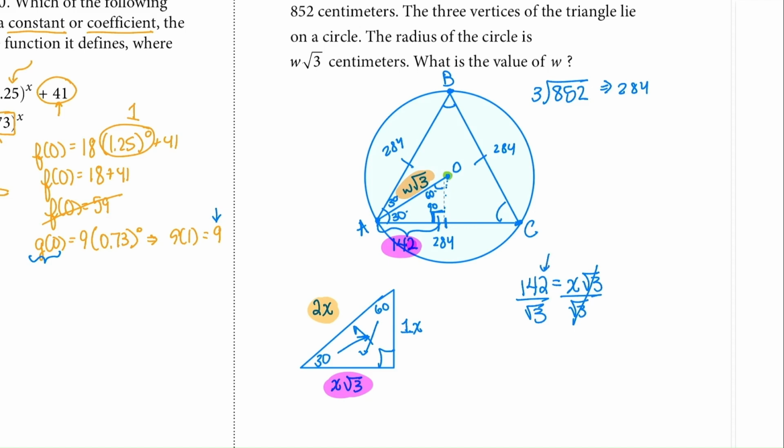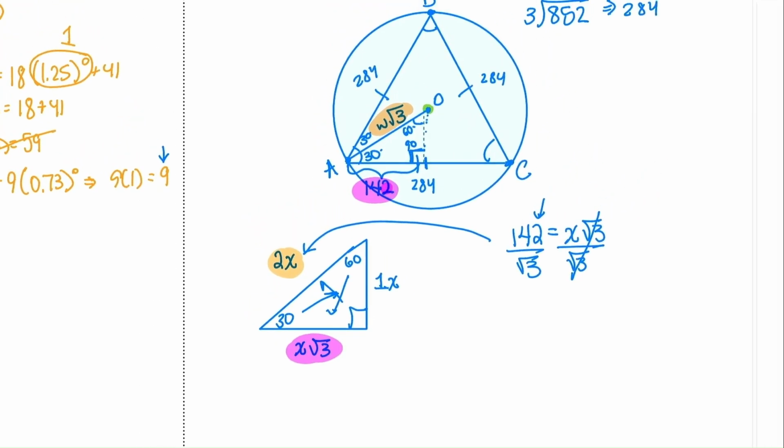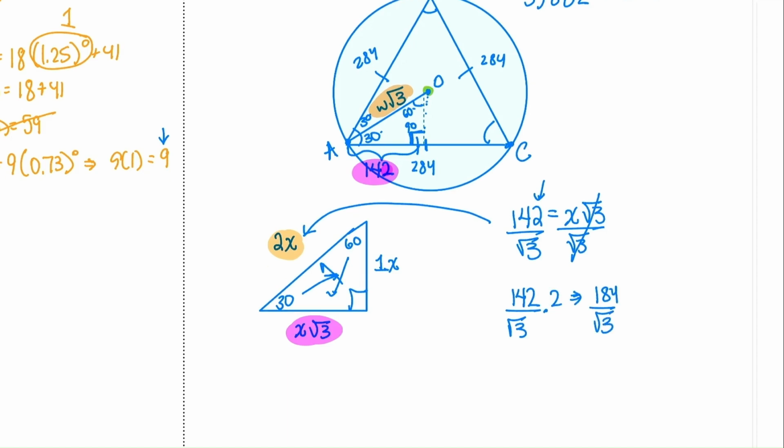So if we know that that's what x equals, then we can pop that into our formula here. And we can say that 142 over radical 3 times 2, that's going to be 184 over radical 3. Now that we know that our model triangle, the hypotenuse would be 184 radical 3, we can set that equal to our w radical 3 and see what w equals.